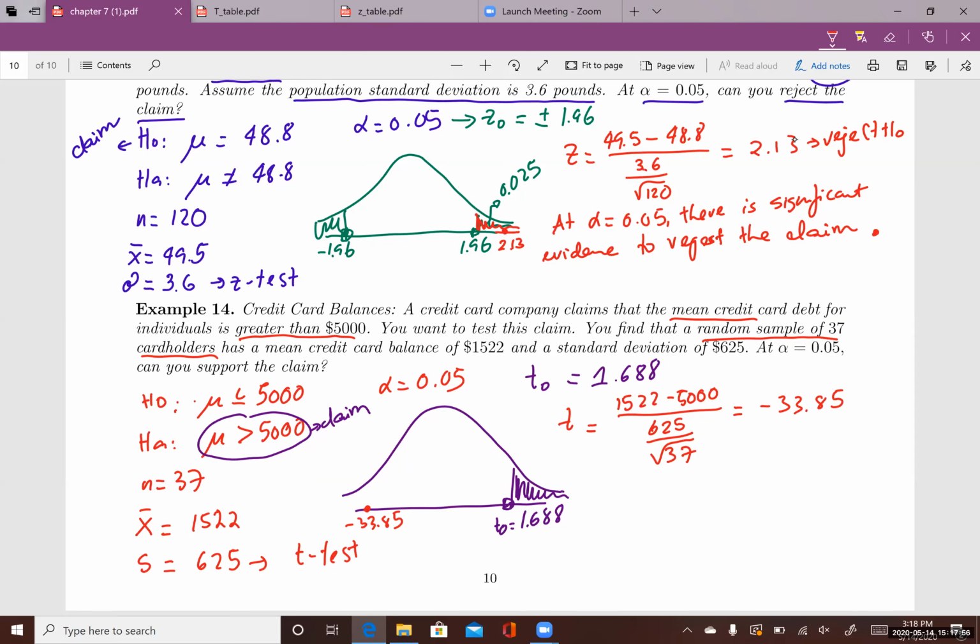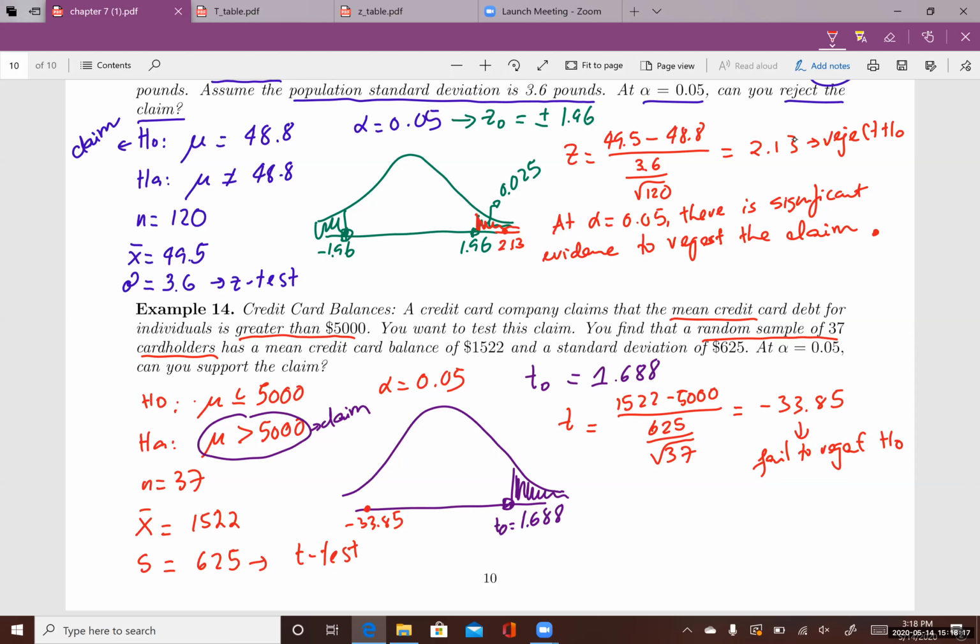So your decision is you fail to reject the null hypothesis, right? That means you're not supporting the claim, so you kind of support the null hypothesis.